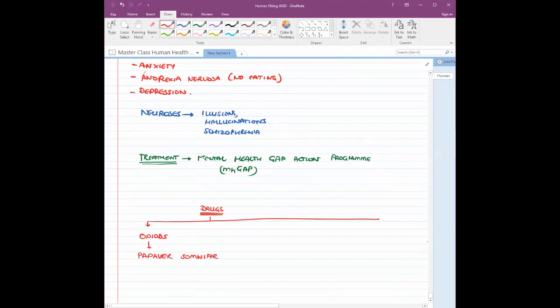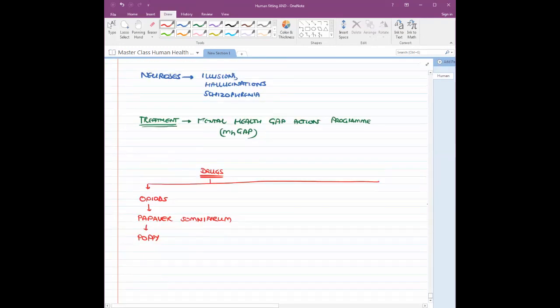But now, guys, what is this poppy? Charas, ganja, afim, hashish, marijuana, those are cannabinoids. But just like that, we have the poppy plant from where we get heroin basically.